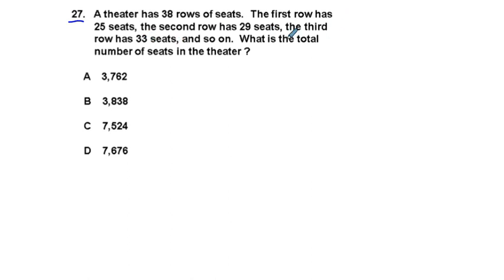And so you should be able to see that we are going up by 4 for each succeeding row of seats. So in this arithmetic sequence, our d, or common difference, is 4.